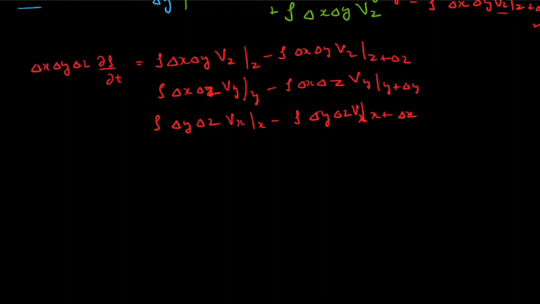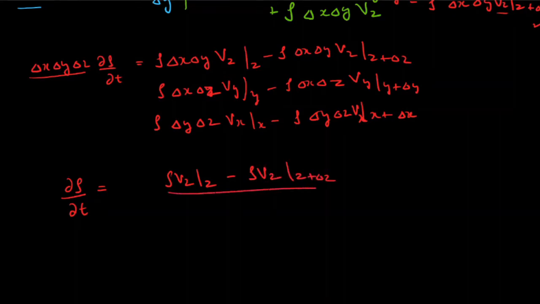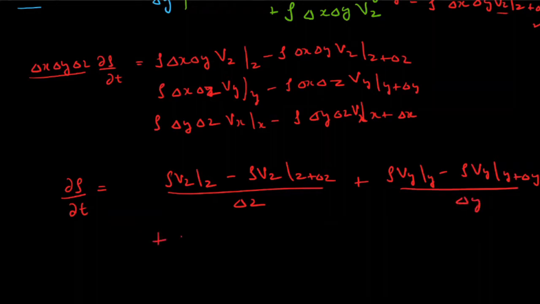Then we divide both sides by the differential volume. On the left hand side we get del rho by del t, and on the right hand side we get rho Vz at z minus rho Vz at z plus delta z divided by delta z, plus rho Vy at y minus rho Vy at y plus delta y divided by delta y, plus rho Vx at x minus rho Vx at x plus delta x divided by delta x.